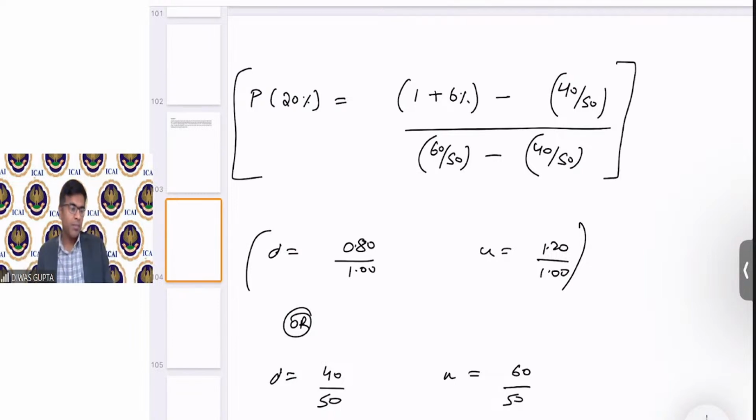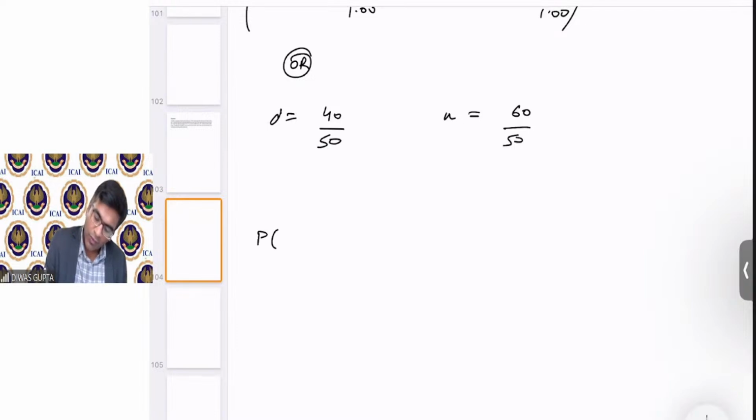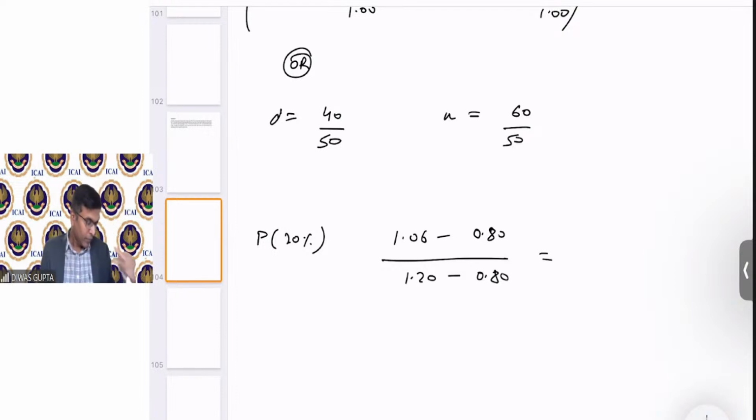Okay, so this is the probability of price going up. So the probability of prices going up by 20% is actually 1.06 minus 0.80 divided by 1.20 minus 0.80. So this becomes how much? 1.06 minus 0.8 divided by 0.4. 65%.